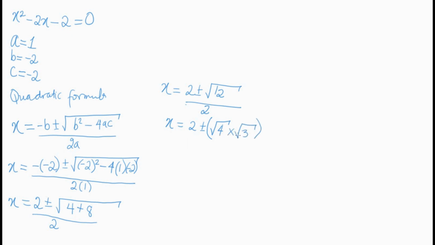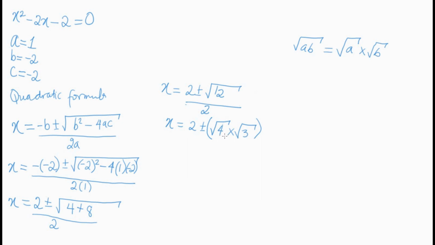An important thing for you to know is anytime you're given something in a square root, you can break or simplify it, because for example, the square root of AB is the same thing as the square root of A times the square root of B.